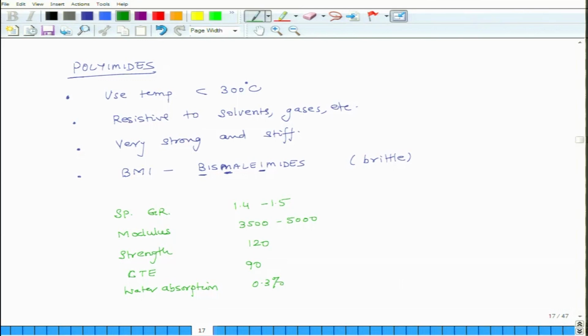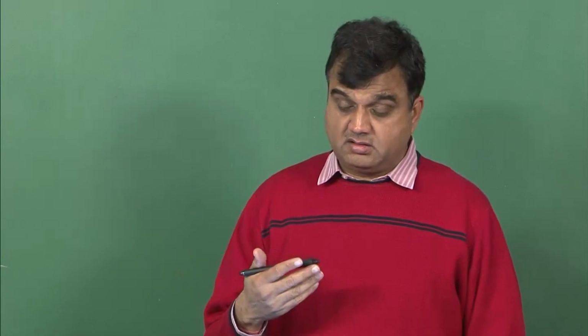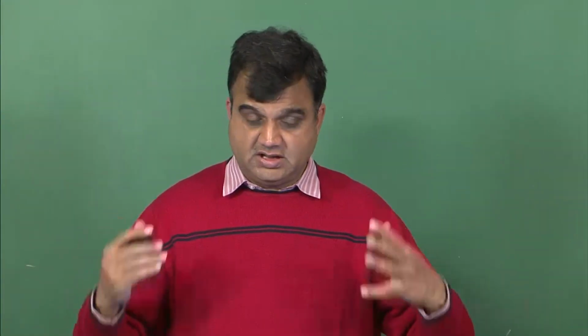So, these are some of the important thermoset resins, and because these guys, polyimides, are resistive to solvents and gases, and they can be used up to as high as 300 degrees centigrade, they are used quite frequently in chemical plants, especially where operating temperatures are less than 300 degrees centigrade, because then they are very resistive and stable materials.